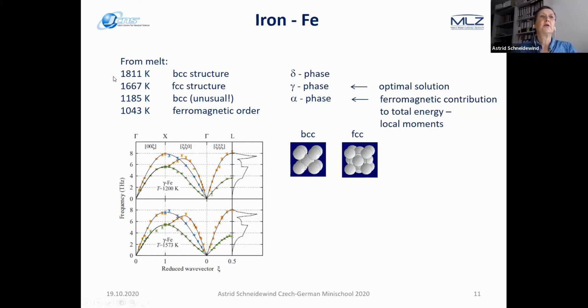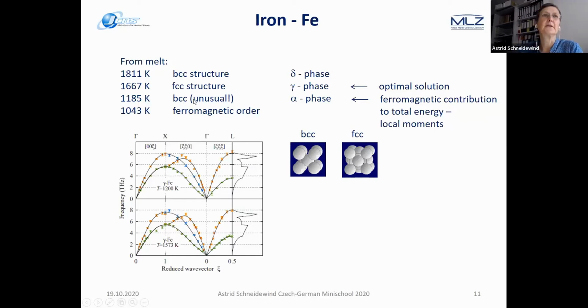For a long time, it's been known that if you come from the melt in iron, you start with a BCC structure, which you can see here, and this is the so-called delta phase, followed by an FCC structure, the gamma phase, which is the optimal solution for this crystal lattice. And if you cool further down, then again you come to a BCC structure, which is already unusual.